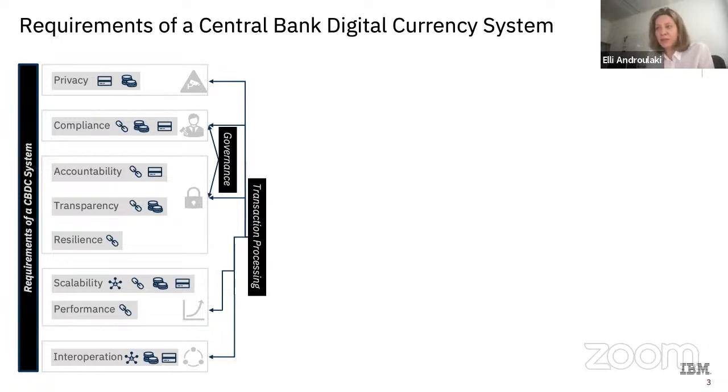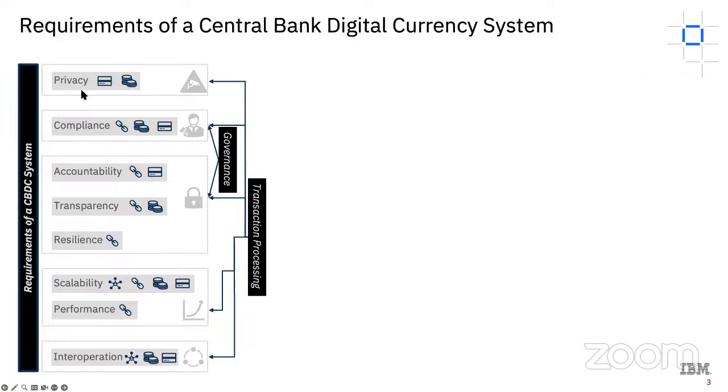This is an aspect that we know for sure will be important, and because of the importance that a system be compliant with regulation, and to some extent regulation differing from country to country, we do expect different architectures or different platforms to facilitate the requirements in different countries. Therefore, interoperation becomes even more interesting to address.